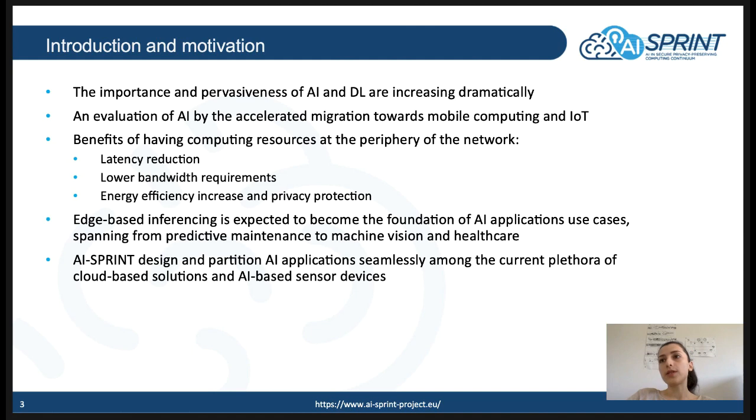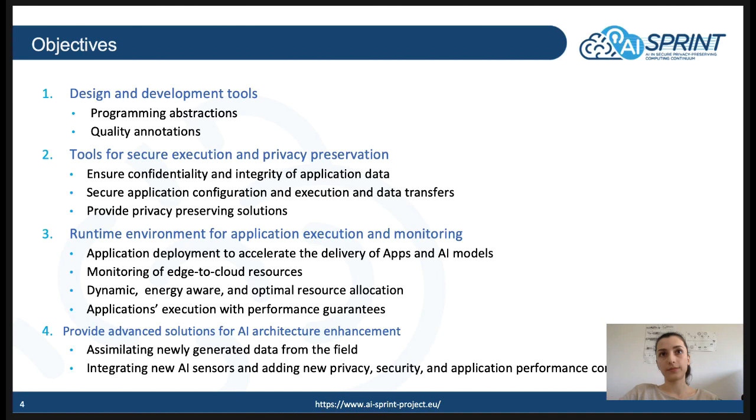In this presentation, we introduce the AI-SPRINT project, which will make it possible to seamlessly design and partition AI applications among the current plethora of cloud-based solutions and AI-based sensor devices. This project aims at achieving the following objectives.